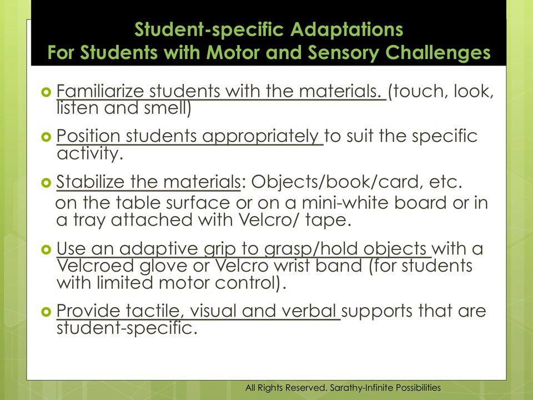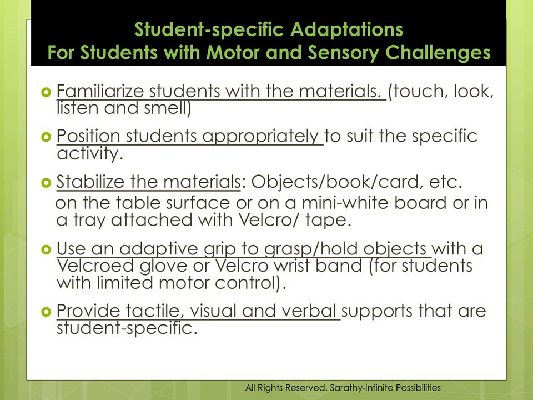The other one is using an adaptive grip. For example, some students have difficulty holding objects and they may not have the pincer grasp. So what you can do is use an adapted glove and put some Velcro on it, and similarly Velcro on the object or the picture, and you can attach it to their adapted glove.